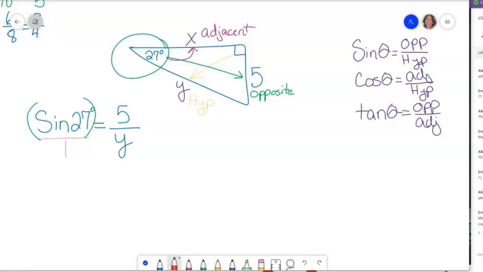Because again, it's ratios. And when we have two ratios equal to each other, we have a proportion. So we're going to cross multiply and solve. Like literally, cross multiply and solve.